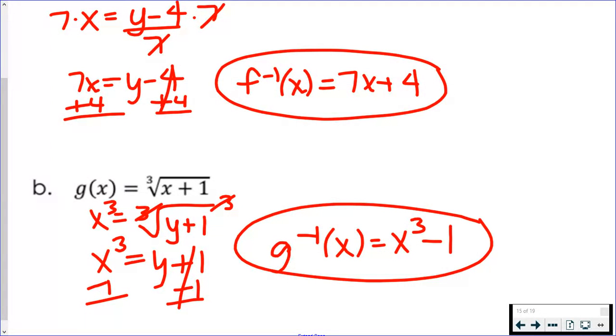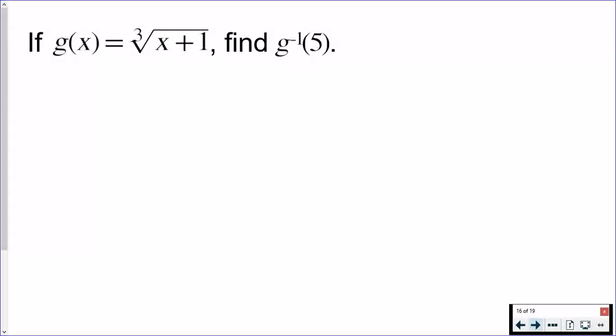Now I am going to take this one step further. Let's say we have this question, g of x is equal to the cube root of x plus 1. It's telling us to find this. Well, this means plug 5 into the inverse, which we just found.